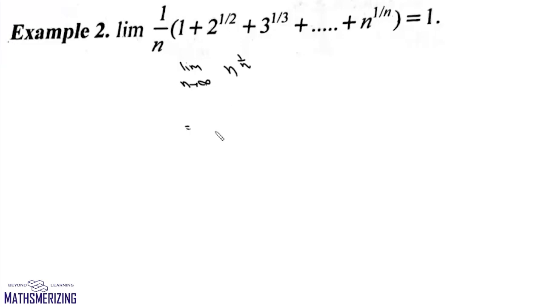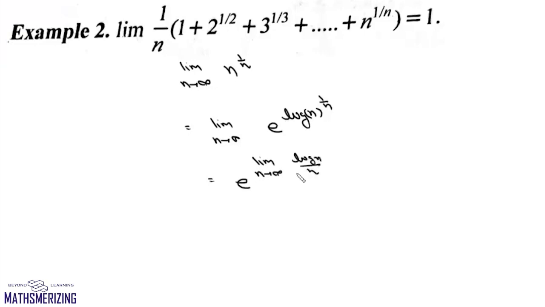Now we can write this as limit n tends to infinity e to the power log n to the power 1 by n. So it will be e to the power this limit n tends to infinity log n by n.